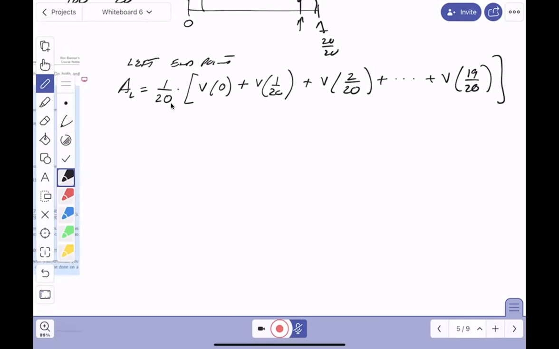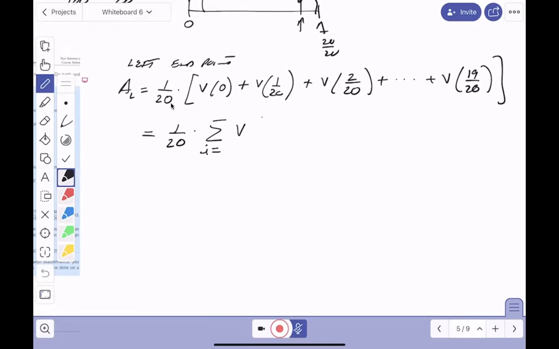I'm going to write the sum down. 1/20th times the sum, I equals something, of V of some multiple of 1/20th. For example, 0 times 1/20th, 1 times 1/20th, 2 times 1/20th, up to 19. So I starts at 0 and it stops at 19.